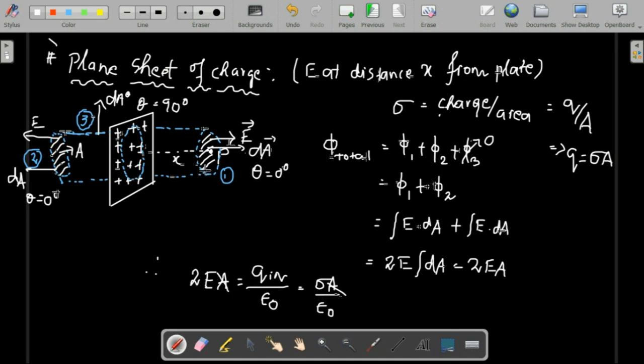This A and this A will get cancelled. So the electric field is equal to sigma by 2 epsilon naught.